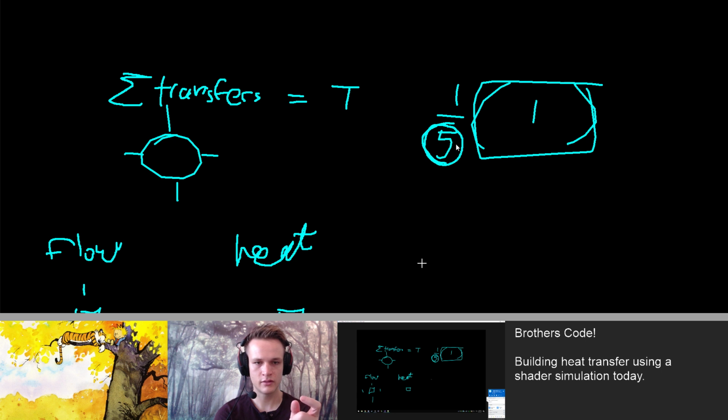Does that make sense? Which you can do by multiplying by the temperature gradient. Multiplying 1/5 by the temperature gradient. Well, working the temperature gradient into this box. Oh, I see what you're saying.